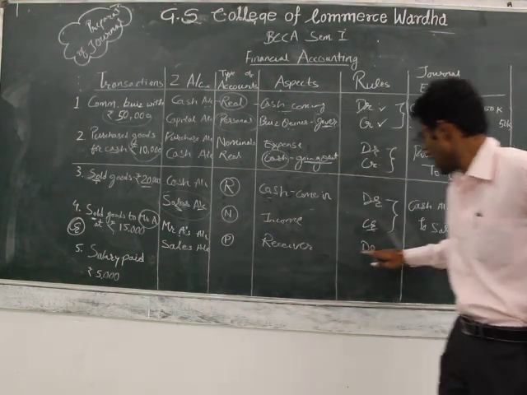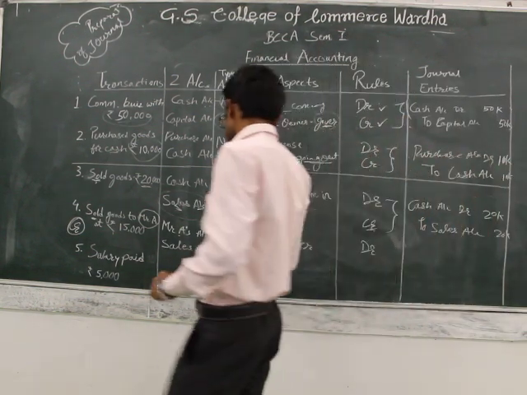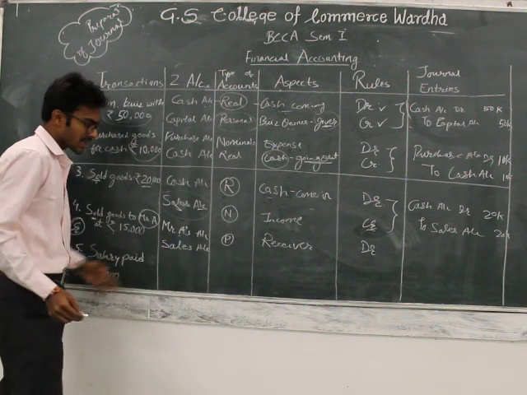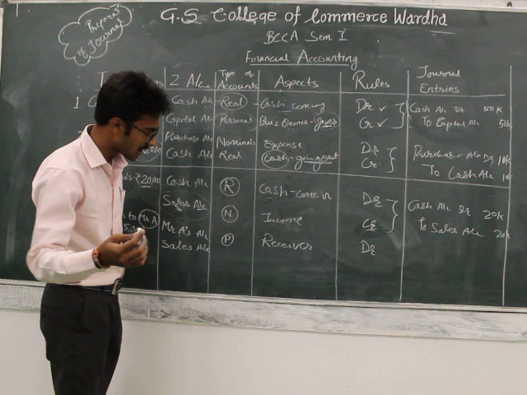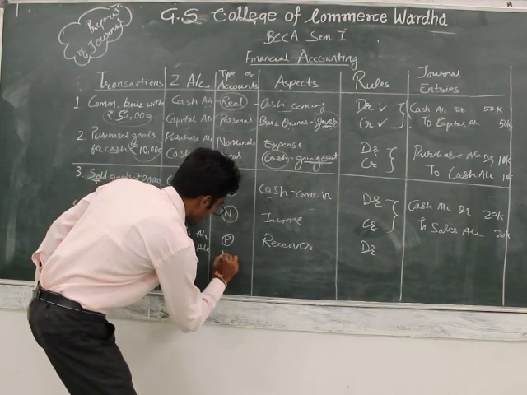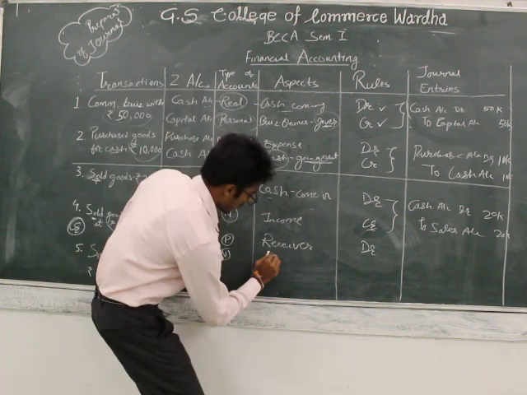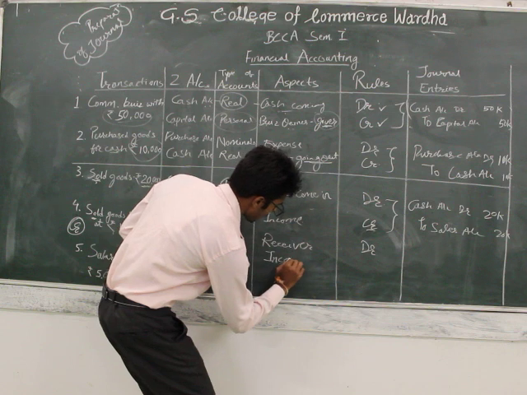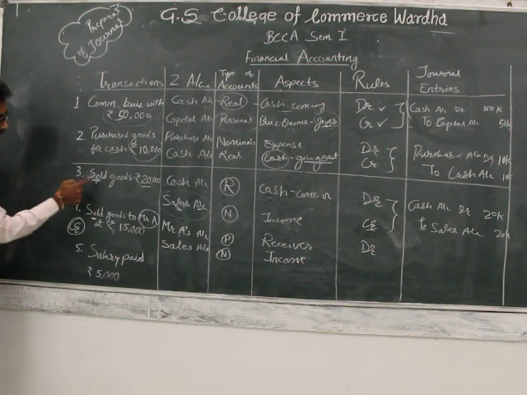Mr. A is the receiver. Hence, we have debited Mr. A. The second account is sales account. Sales account is income for us. That means it will come under nominal account. Sales, nominal account. Sales is income, same logic as we have used in the previous transaction.